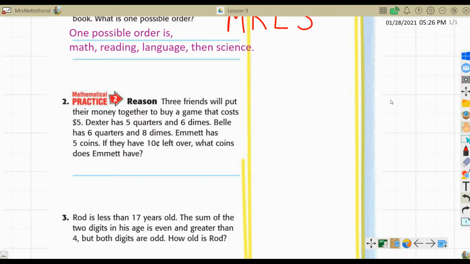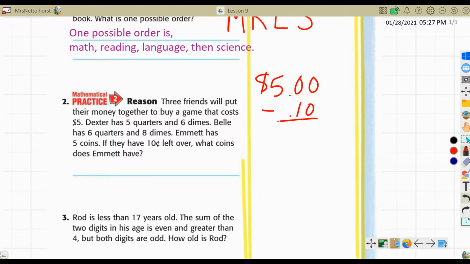Okay, so the game costs $5. They're going to have 10 cents left over. So let's first find out how much that is. So the $5 game minus 10 cents.